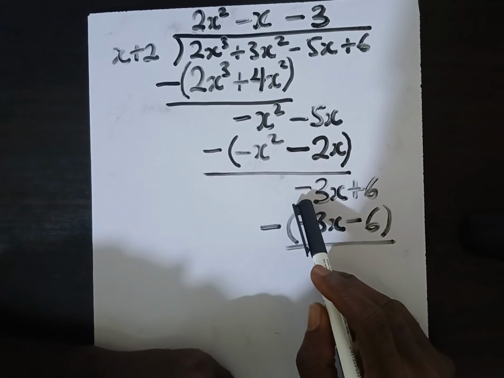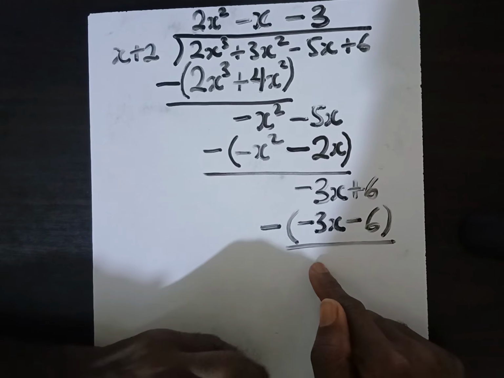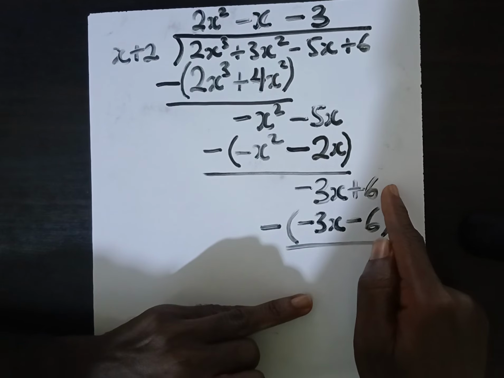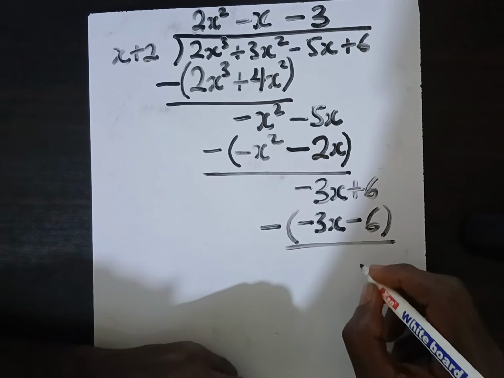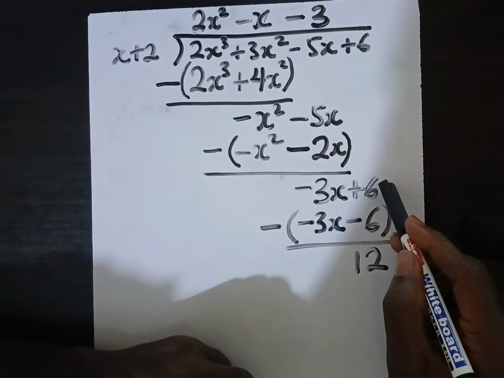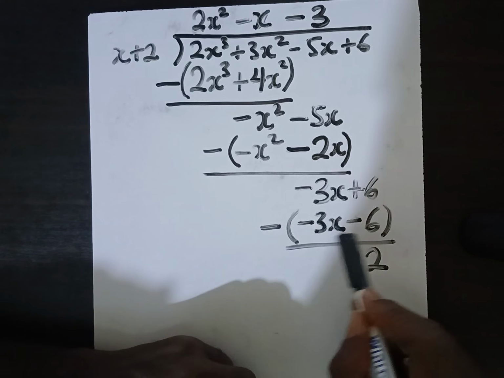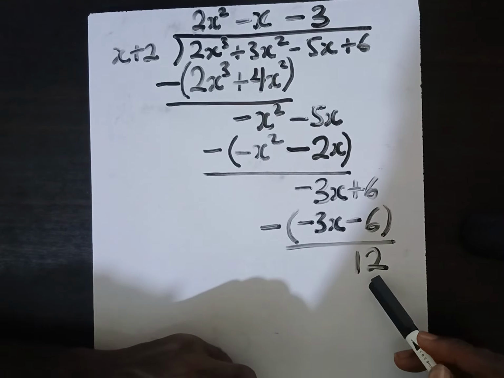Then negative 3x minus negative 3x is going to be 0. Then 6 minus negative 6, because minus a negative will be plus, so 6 plus 6 is 12.